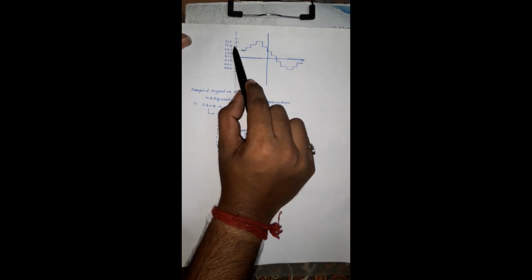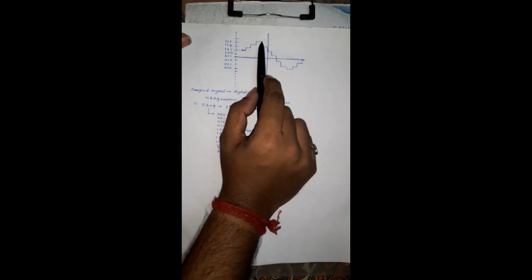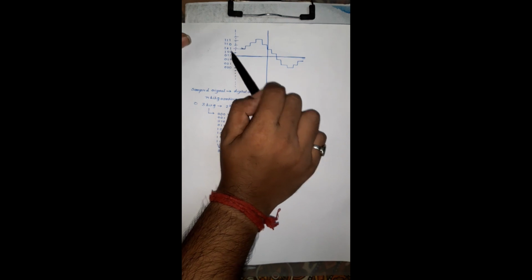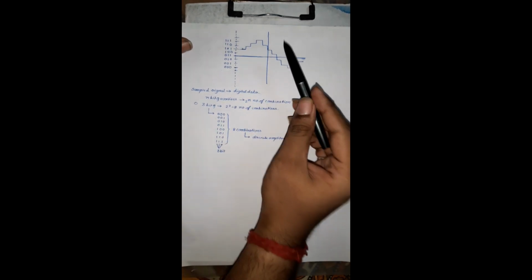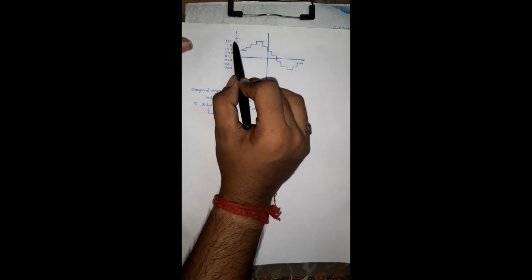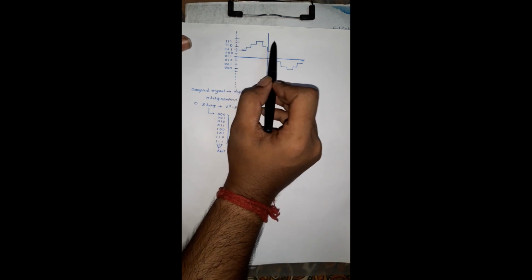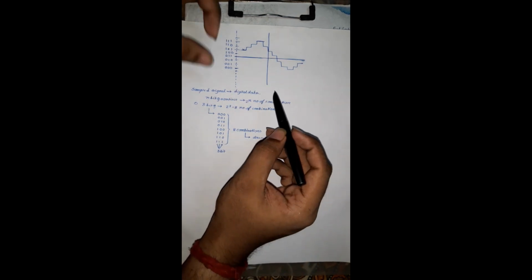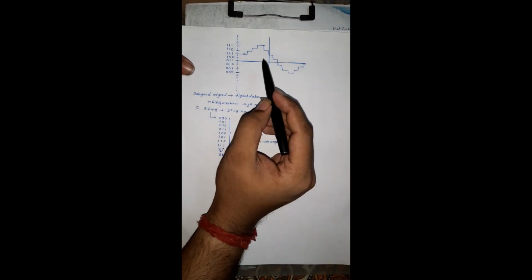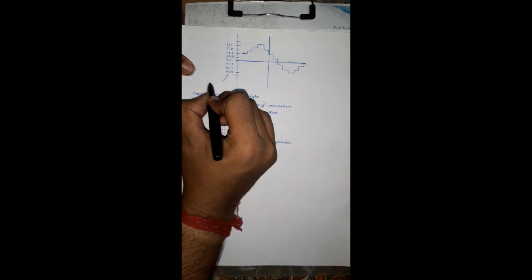I have not declared the exact positions of these digital values, so don't think about what the quantized value is for this amplitude, because I have not drawn the diagram perfectly. I am just giving you the example of how the process works. So this is nothing but the quantized value.